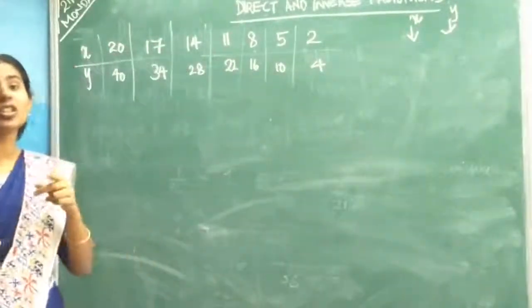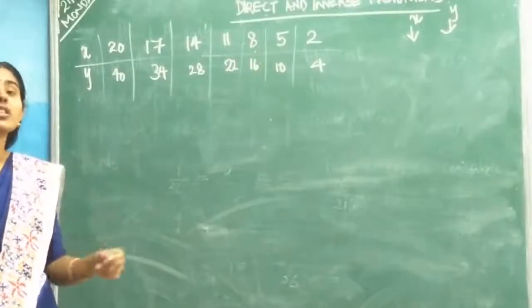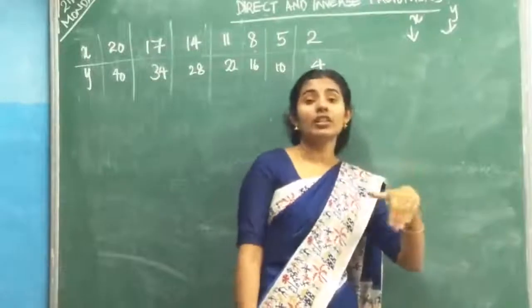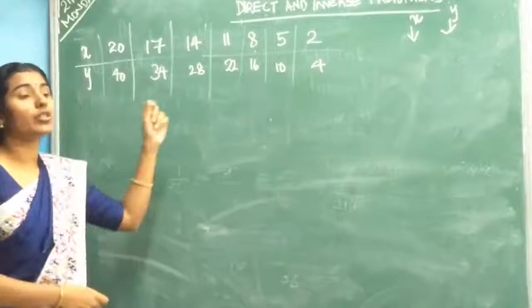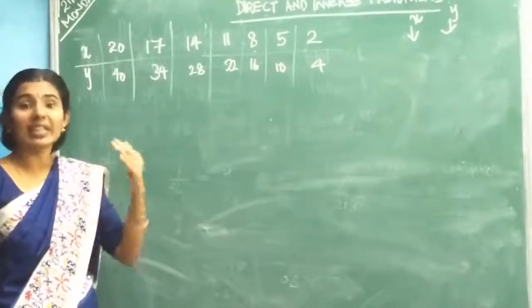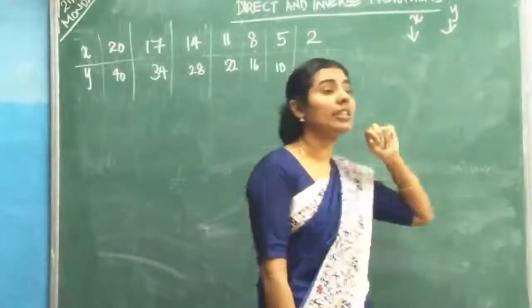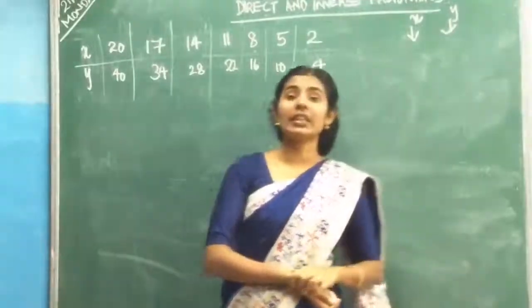So either both quantities should increase, or both quantities should decrease. There are two possibilities. So here we are getting both quantities decreasing, isn't it?